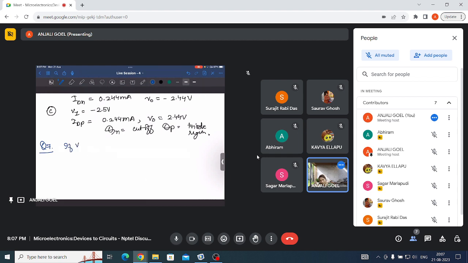If VDD equals to 3 volt, VTN is equals to 0.5 volt and VTP is equals to 0.4 volt. So you have to tell me different cases. I'll first draw the circuit.